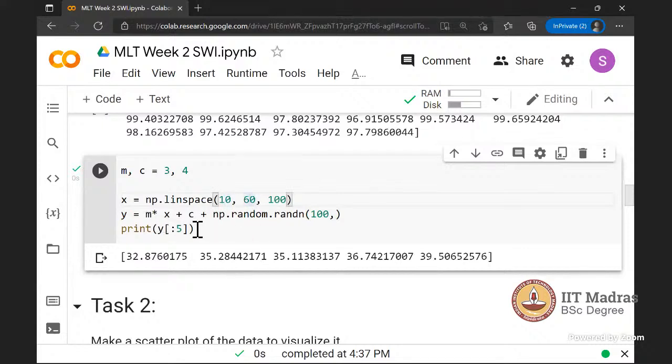This becomes our x data points or feature values. Then we multiply it with the slope, which is 3, and add 4, which is the bias or y-intercept, and we add some normal noise to it. By adding this normal noise, we are sure that the noise being added lies between 0 and 1 for every point.